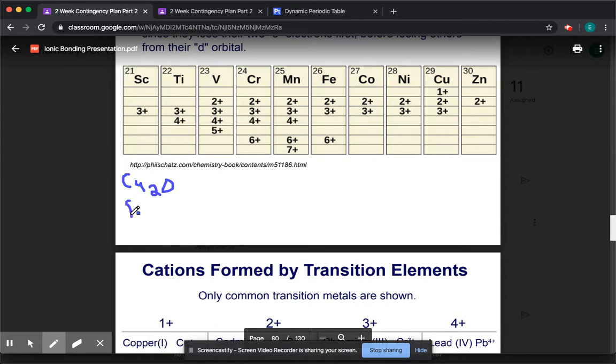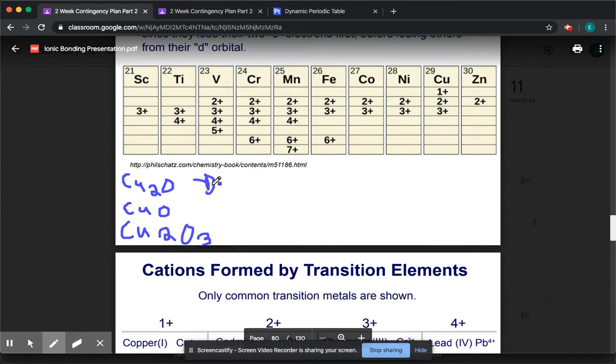Then you have CuO, which would be the plus 2 version. And then you have Cu2O3. These are your 3 versions for copper and oxygen.